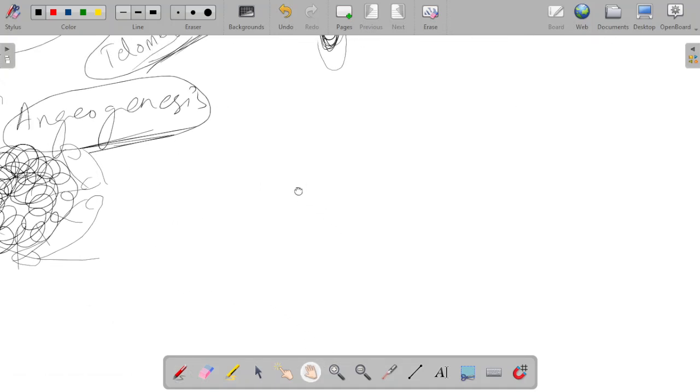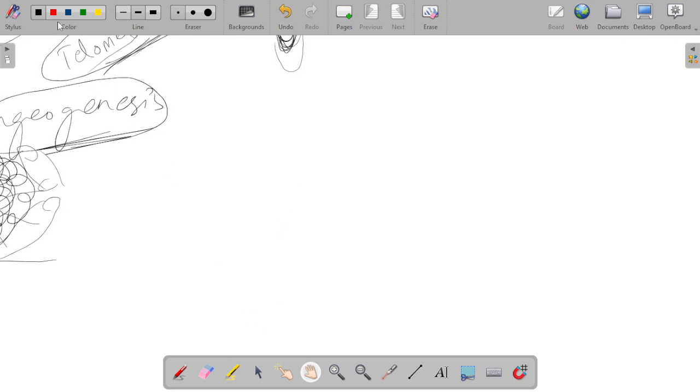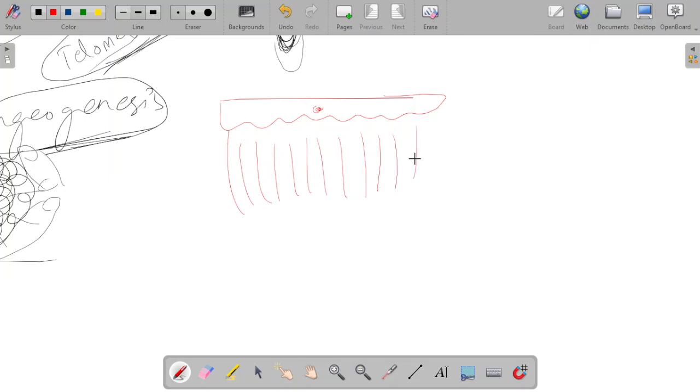Please concentrate with both ears. Everyone has both ears. First I will tell you the normal cell behavior. Again, take a skin piece. If this is epidermis, this is dermis. Do you think this epidermal cell can go towards the dermis?